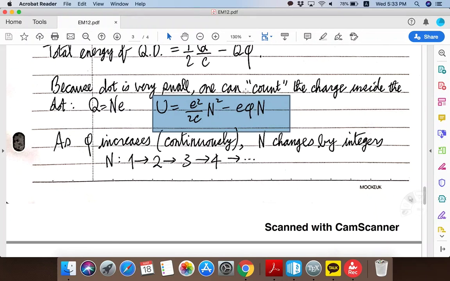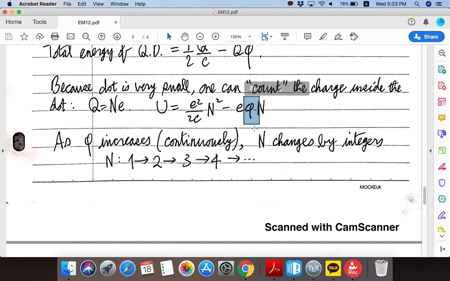Normally, you would say as you increase this potential phi, n, which minimizes the energy, also increases in exact proportion to the potential phi. In other words, n will be smoothly increased as phi increases.